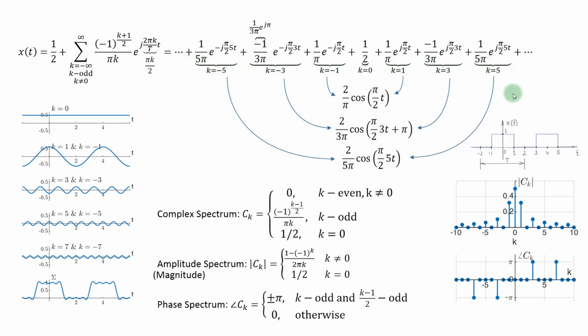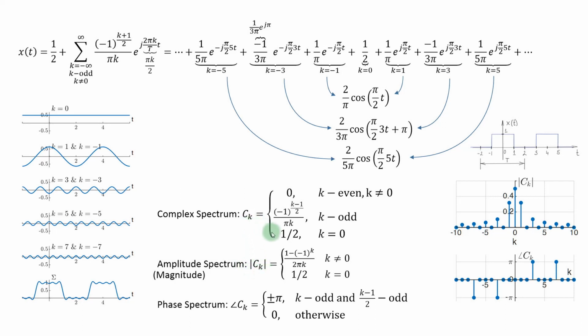On the previous slide, we have computed that for this signal, the complex amplitudes have this form. And this is what we also call the complex spectrum of our signal. If we are interested only in these magnitudes, we need to take the absolute value of this complex spectrum, and that will give us the amplitude, or sometimes we call it the magnitude spectrum.